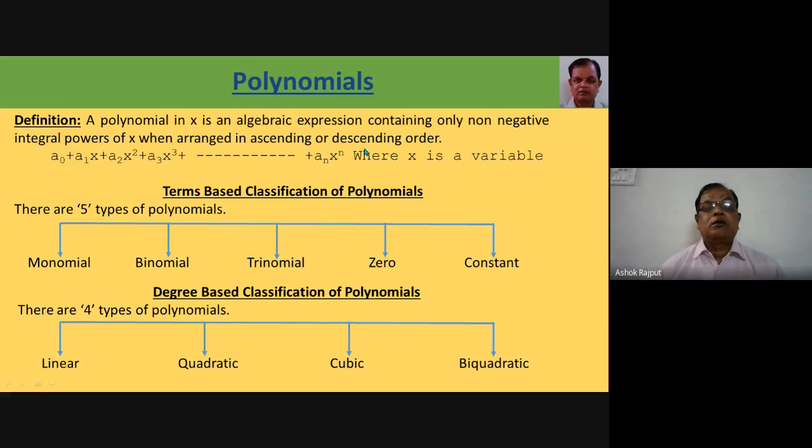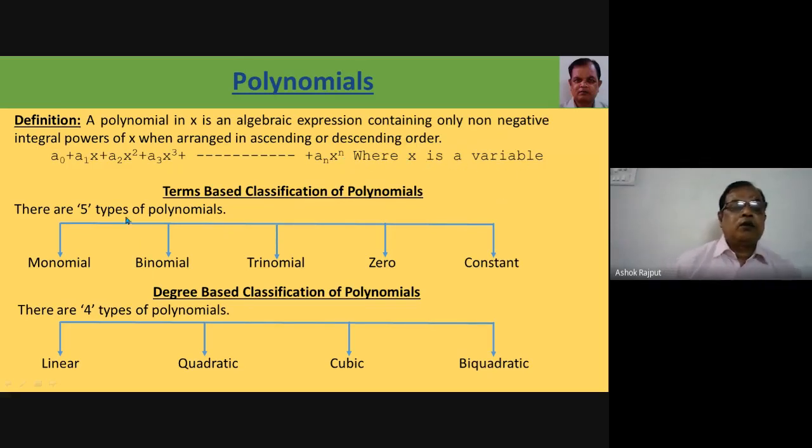It is very important and also compulsory that it should be arranged in ascending or descending order, but mostly descending order is used. Here we have written the first example in ascending order: a naught plus a1 x plus a2 x square plus a3 x cube plus ... plus an x raised to the power n, where x is a variable.